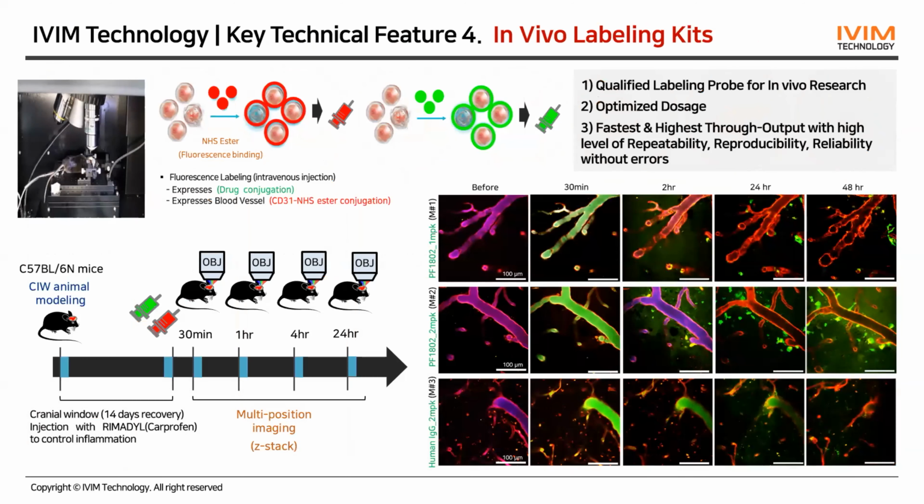And moreover, we are providing in vivo labeling kits for various target cells or molecules of interest inside the live animal model. So it includes target cell-specific antibody dye conjugates, such as CD11b or CD45 for leukocyte in vivo labeling, or Ly6G or Ly6C for neutrophil or monocyte labeling, F4/80 for macrophages, and CD31, the PECAM antibody and dye conjugate, for vascular endothelial cell labeling in vivo.